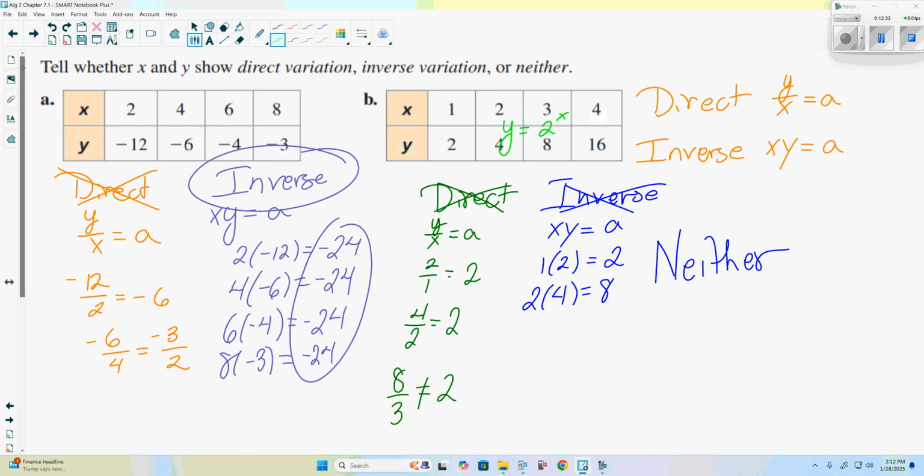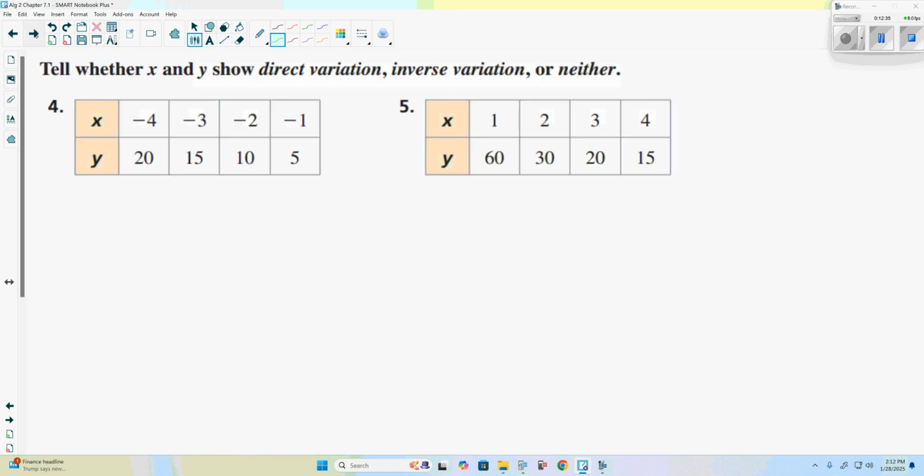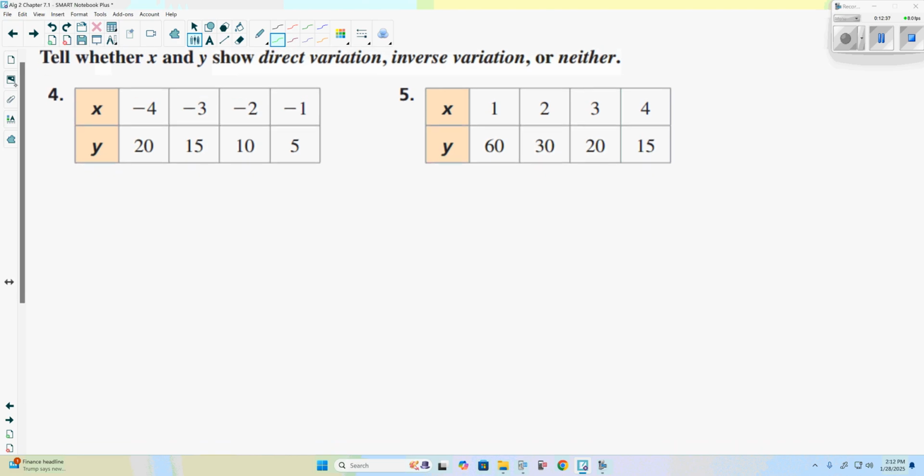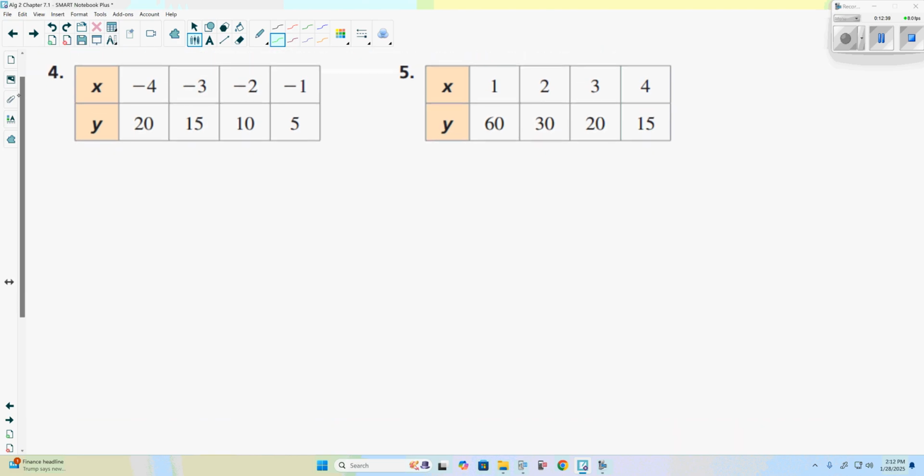Questions on these so far? Tell whether these show direct or inverse variation. Now, we don't always have to start with direct. We could start with inverse. It doesn't matter which one we pick. You want to do direct or inverse first? Direct. So our y over x should equal a.